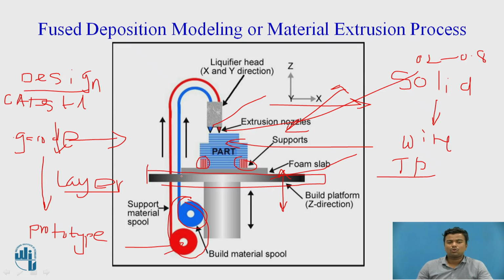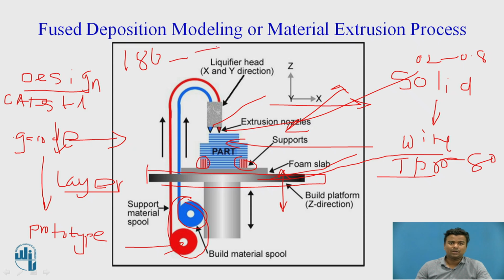You can provide a preheating temperature for the build platform of 60 to 80 degrees Celsius. The preheating temperature for the extruder varies material by material. For example, for thermoplastic urethane, TPU, a very flexible material, it may be around 180 degrees Celsius.